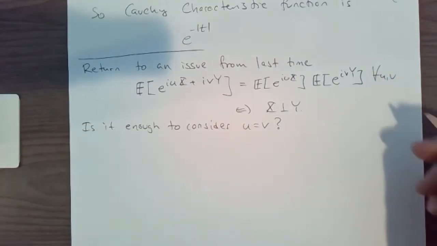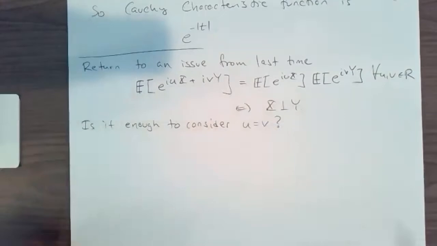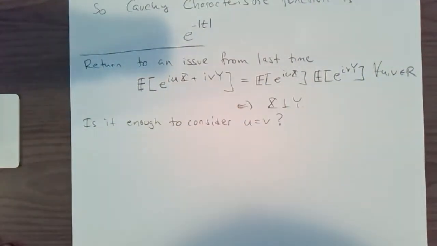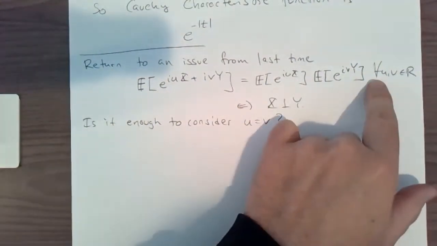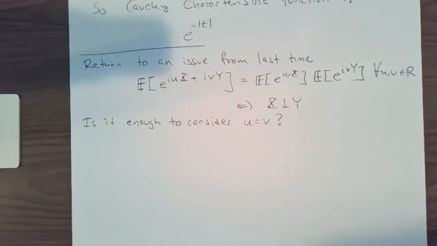Here it says for any u and v in R, if you can establish that the joint characteristic function factors, you get independence. What about if I just look at it on the diagonal, when u is exactly equal to v? Would that work?